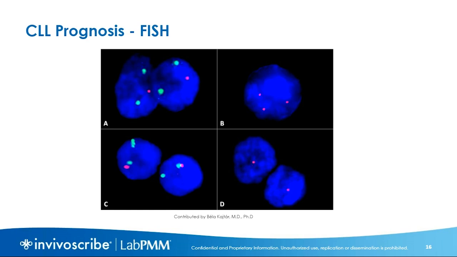Image B shows 3 red signals within chromosome 12, consistent with trisomy 12. Image C, the bottom left, shows 2 green signals of centromere probe of chromosome 11, along with 1 red signal of the ATM gene. That would be an ATM deletion. And image D, by far the most common cytogenetic aberration in CLL, 1 signal of 13Q, so that's a 13Q deletion.